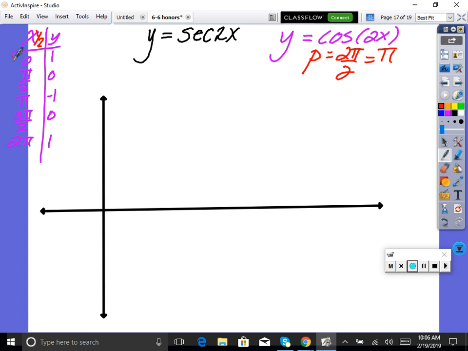So we get 0 still, pi fourths, pi halves, 3 pi fourths, pi. Then cosine was max, 0, min, 0, max.